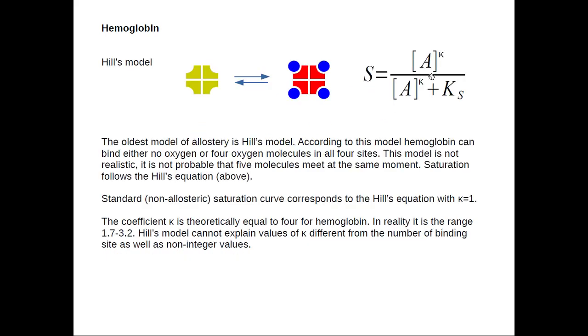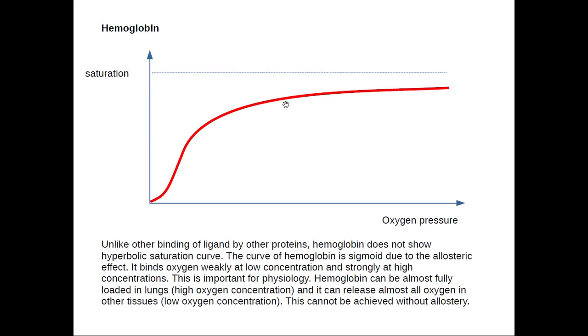And still Hill's coefficient is used to express this sigmoid character. If Hill's coefficient is equal to 1, there is normal saturation with a hyperbolic shape, and if you increase Hill's coefficient, you change this more towards the sigmoid shape.